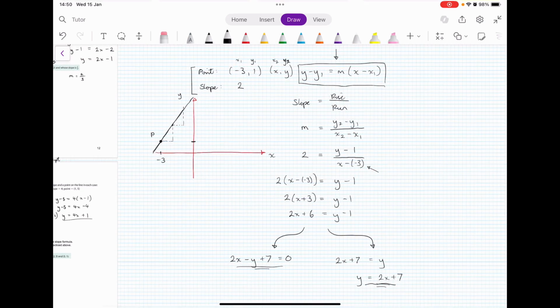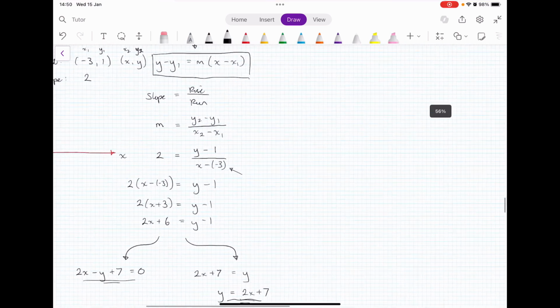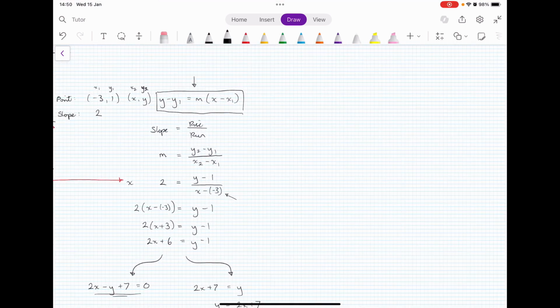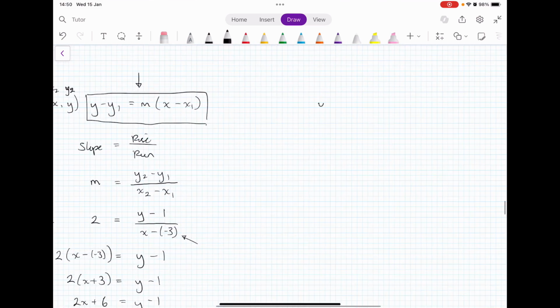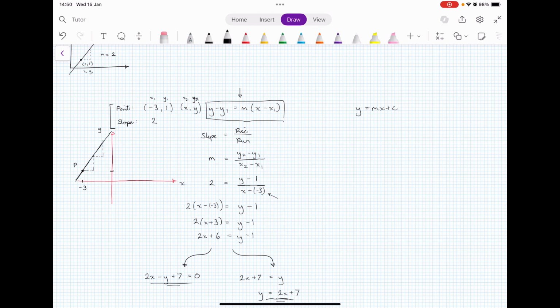Another way of doing this would be to use y is equal to mx plus c. So you could use the general equation of the line, or you could use y is equal to mx plus c. We're given, I'm just going to copy down the numbers, the point is minus 3, 1, and the slope is 2.